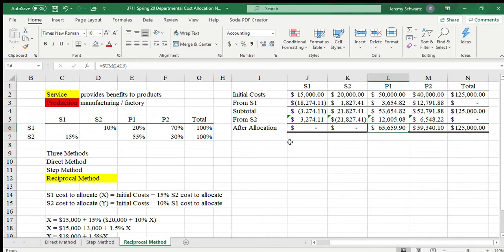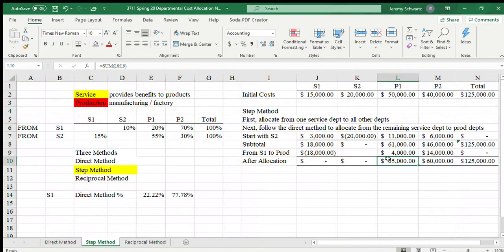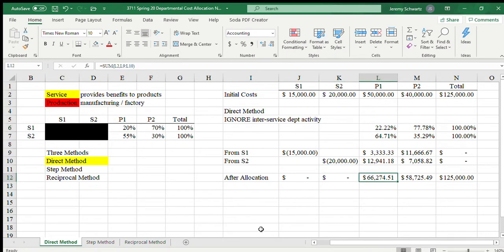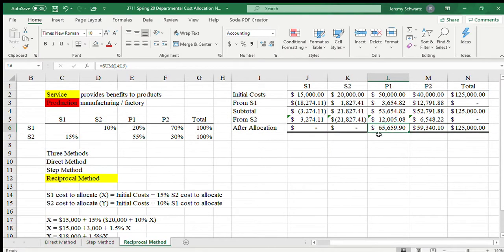Now what you'll note is that compared to the step method where we had 65,000 or the direct method of 66,274, the reciprocal method is going to give us some number that's in between the two. And actually this will be a more accurate allocation, which is why this is the approach that we ought to take.